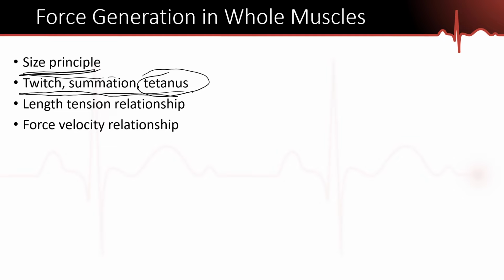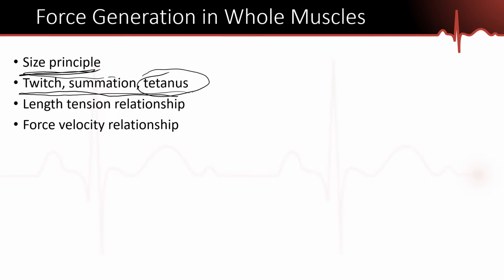Not only how many muscle fibers are contracting within the muscle, but also, are all the muscle fibers that are contracting within that muscle in a state of tetanus? If they're not, then the muscle isn't generating as much force as it could. Meaning that if you were to get all the muscle fibers into a state of tetanus, and all the muscle fibers are generating maximum force, then the muscle as a whole is going to be able to generate more force.